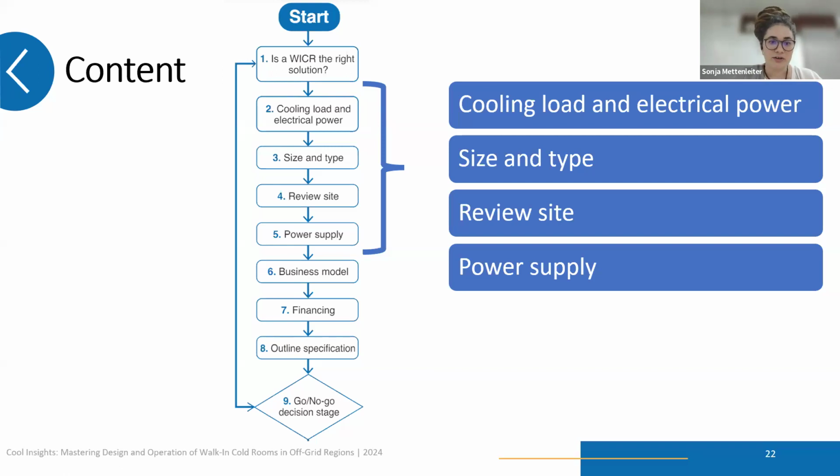Now I'm going to talk about the point 2 to 5, so about what are cooling loads and what electrical power is needed, what size and type of cold room might be suitable for the use case, what about the location where it's going to be put, and what about the power supply. Then I think after that is when we are going to hear from Jakub about the business models and financing. Next slide, please.